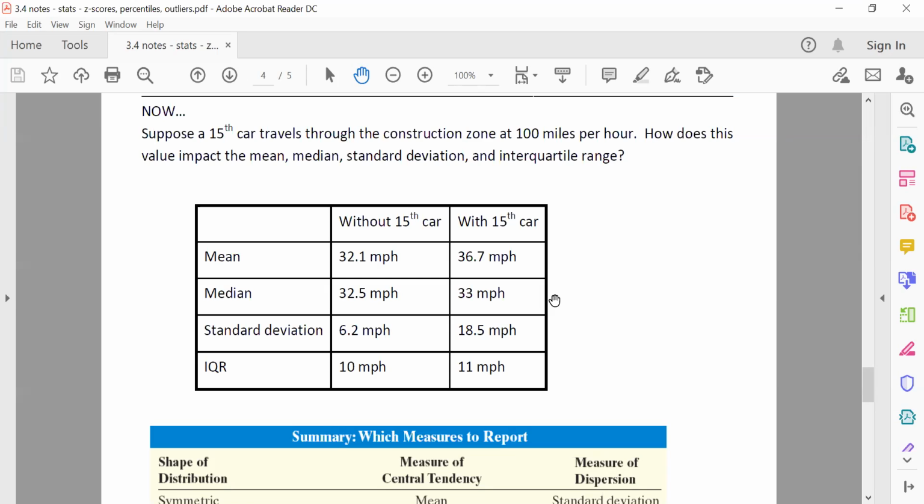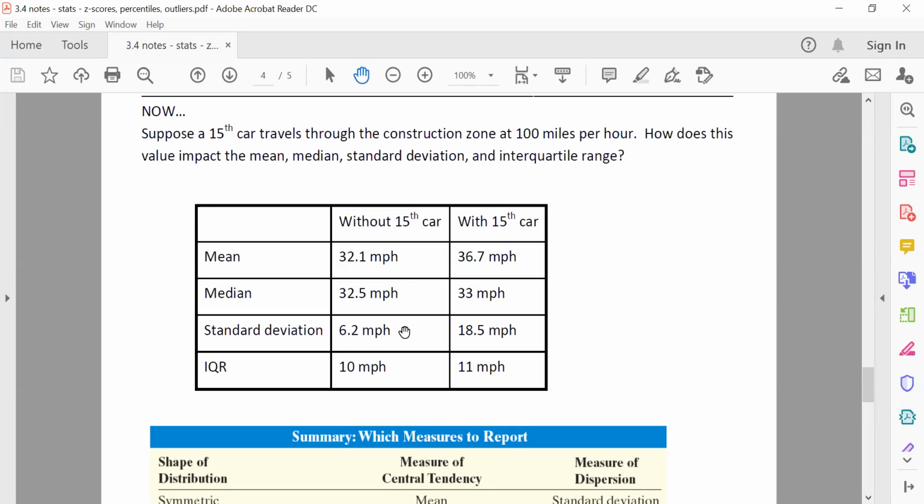But here's how that affects it. Before, if you just looked at the 14 cars, we've calculated some statistics for you there. Just looking at the 14 cars, their mean speed, which we did not calculate ourselves, was 32.1 miles an hour. Their median was 32.5 miles an hour.